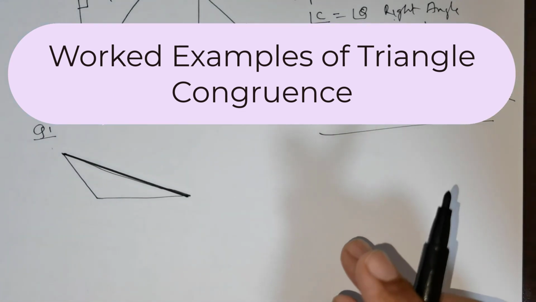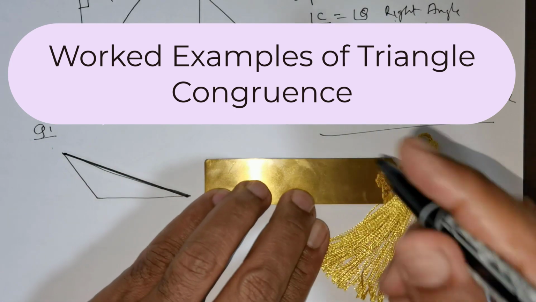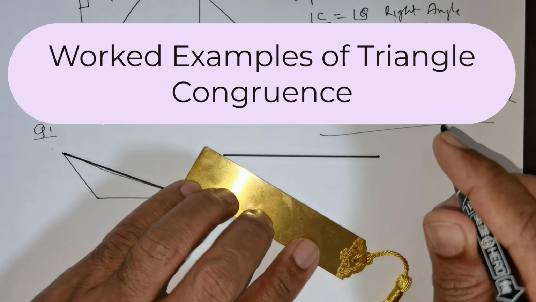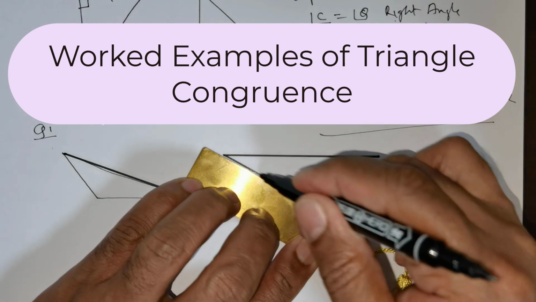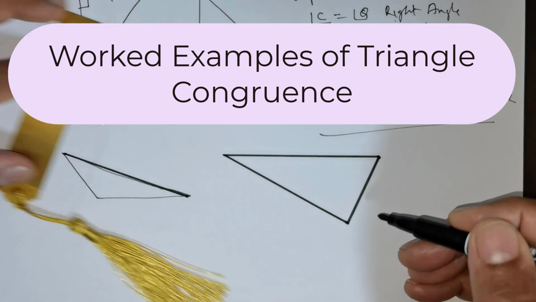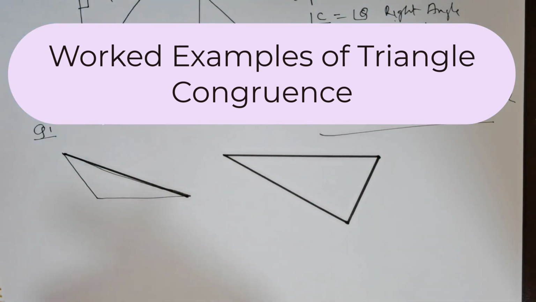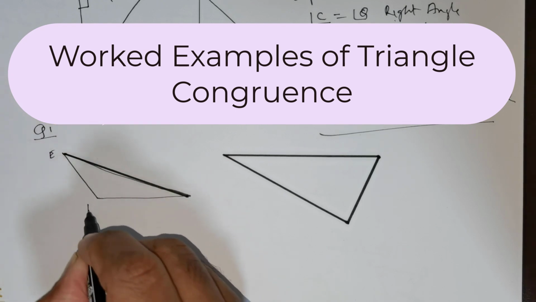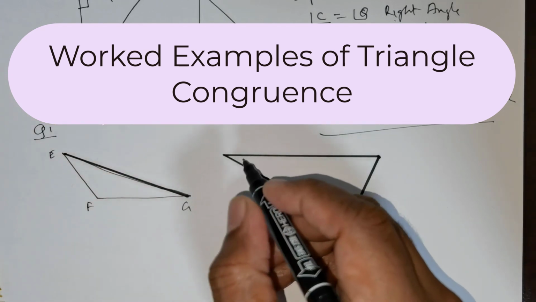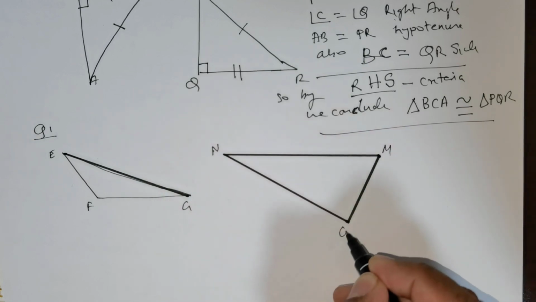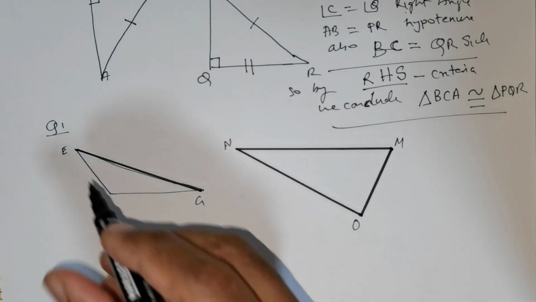So it's a triangle there, and then we got a triangle here. So this is EFG and M and O, right?